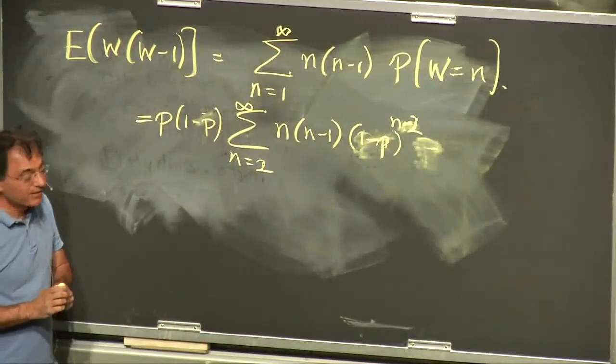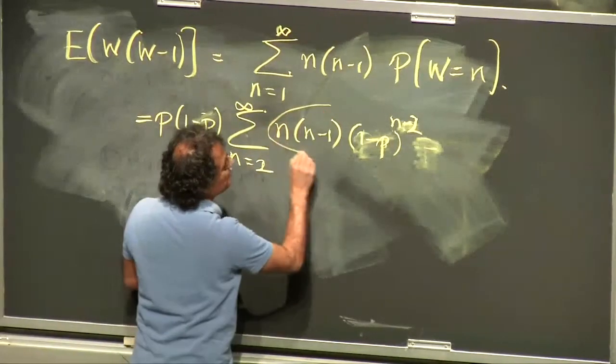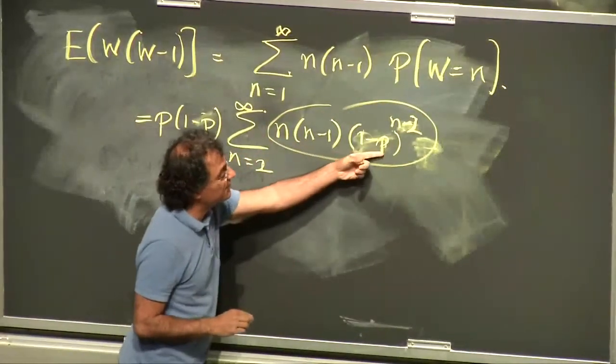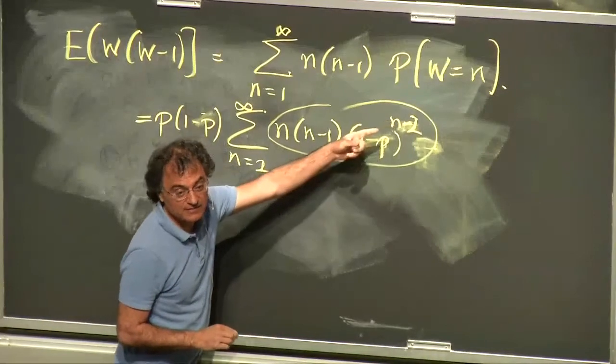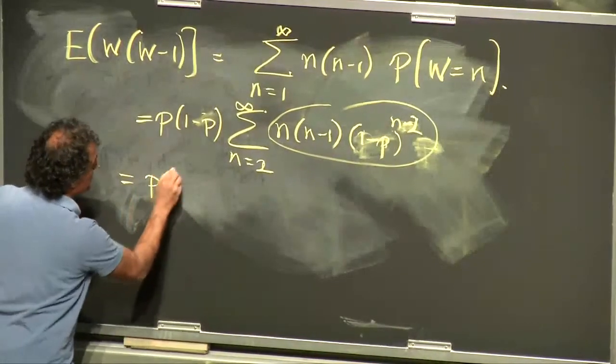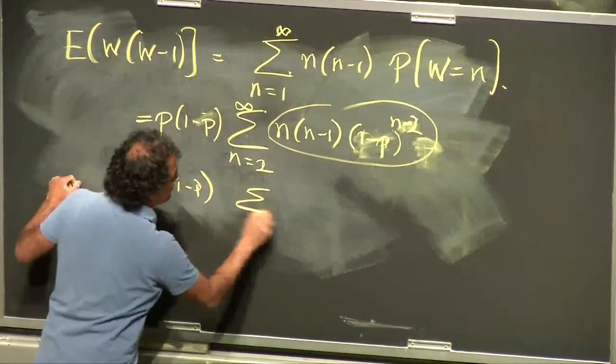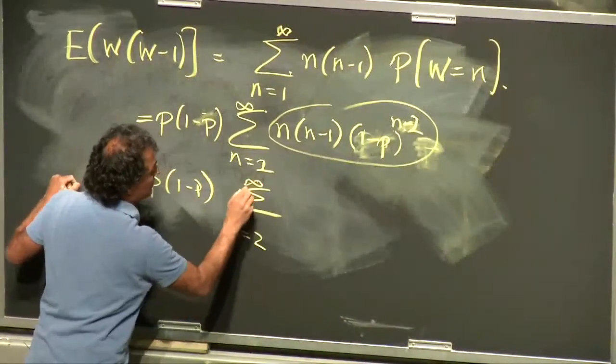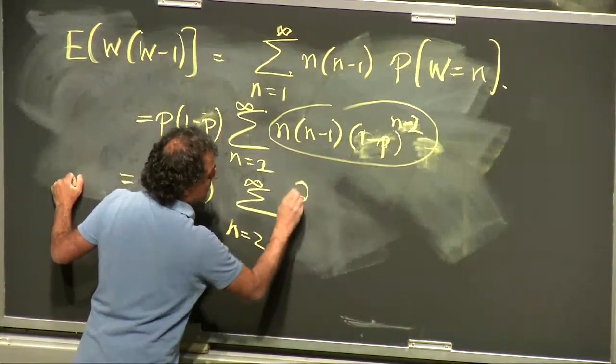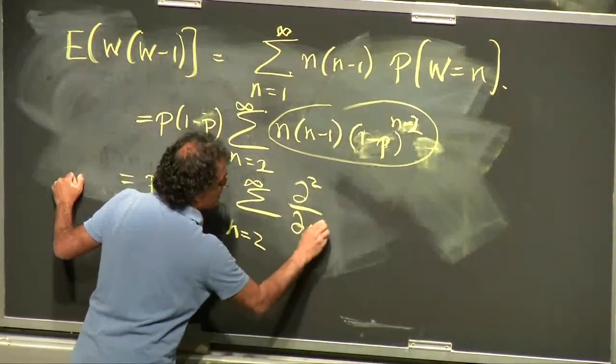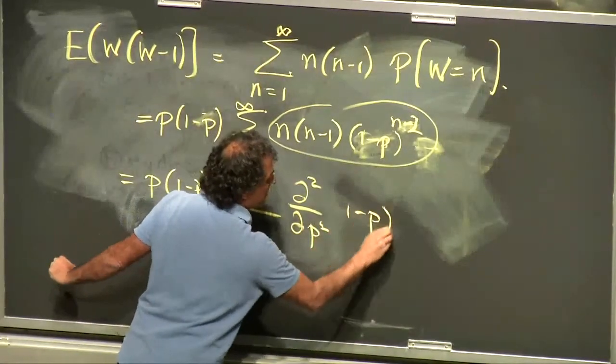Okay, and now you can see that this is the second derivative of 1 minus p to the n. Right? So this is p times 1 minus p times summation n equal to 2 to infinity of d2 by dp squared of 1 minus p to the n.